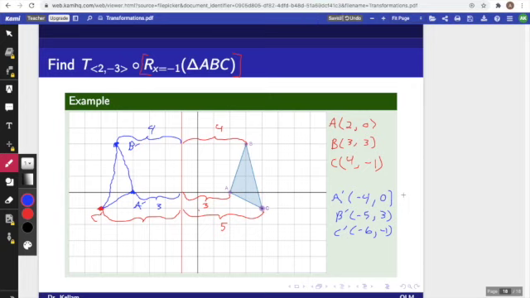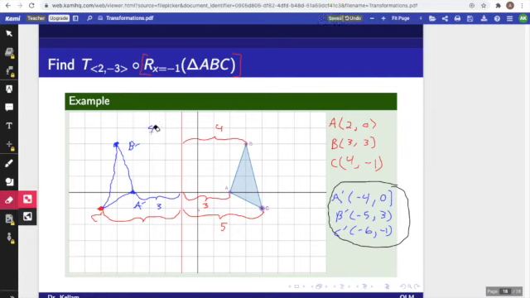Okay. So this is our new set of points, so to speak. And what we're going to do is translate these points. So we are now performing the translation on those points. I'm going to erase some of the lines just for our ease of visuals.